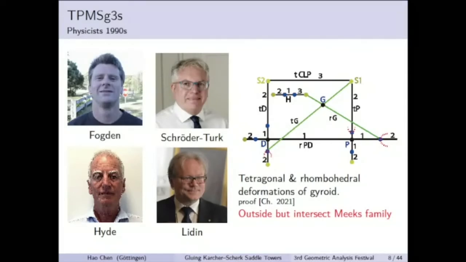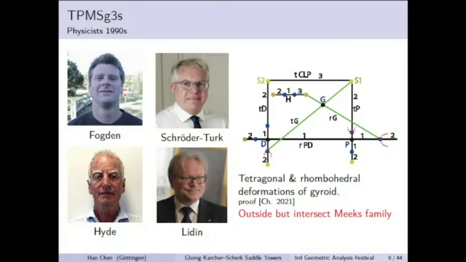And here the RG, which is the rhombohedral deformation of gyroid, joins the RPD, which is the rhombohedral deformation of P and D surfaces at this point. So later we will see that the other ends of the families are saddle towers. This is actually a main motivation of our project.